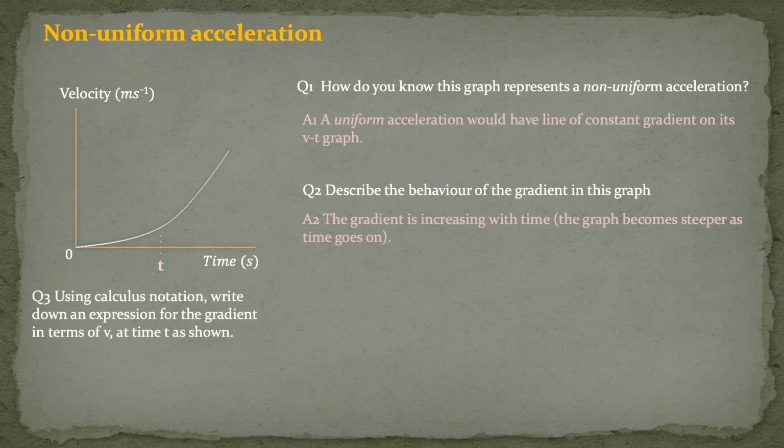Now, using calculus notation, write down an expression for the gradient in terms of v at the time t as shown. The gradient is dv by dt, and dv by dt, of course, is the gradient of the tangent to the curve at time t, as shown by the straight line tangent.